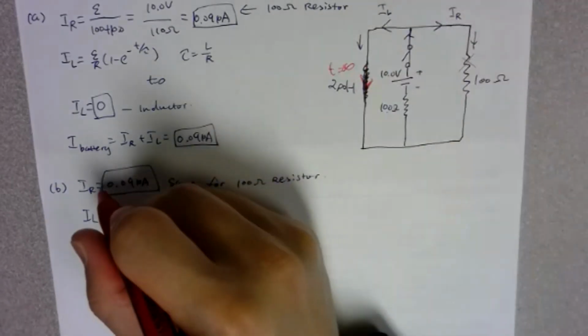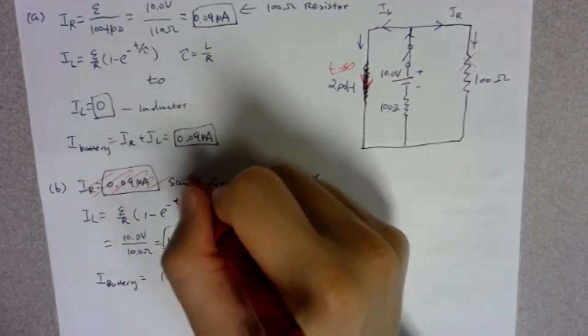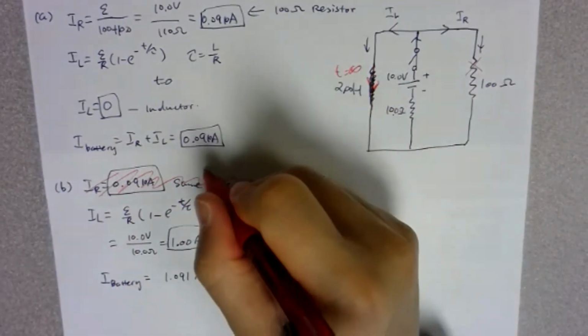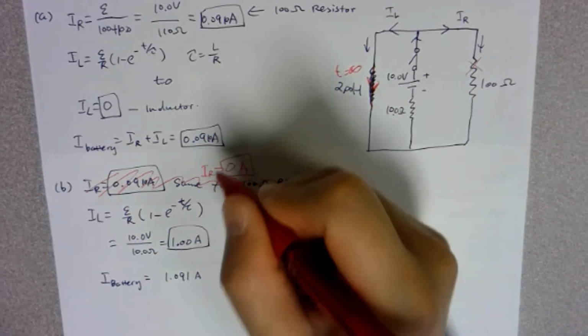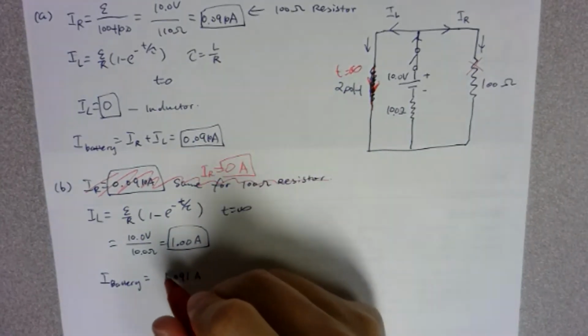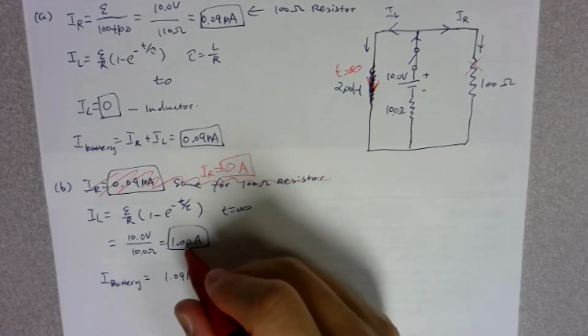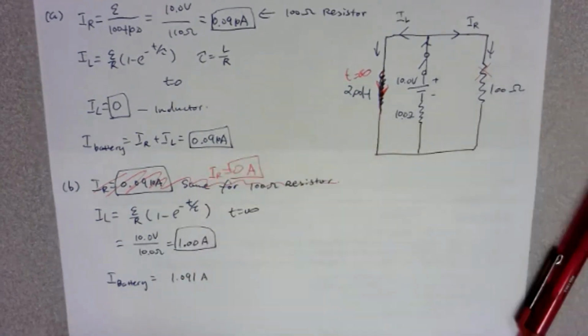So I made a mistake. This guy will be 0. So I on the R, the 100 ohm resistor, now will be 0 amps. Then for the battery, it will be equal to this 1 plus 0, so 1.